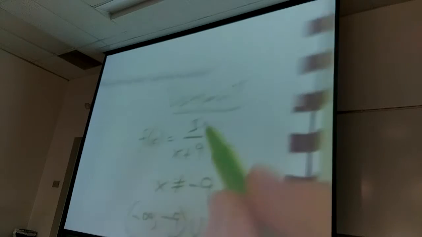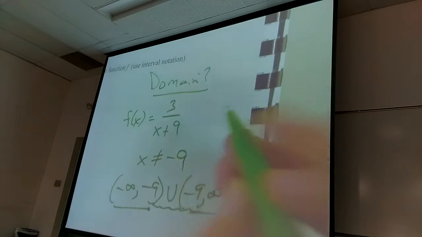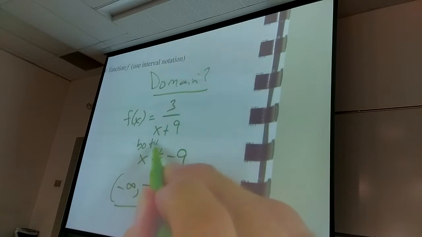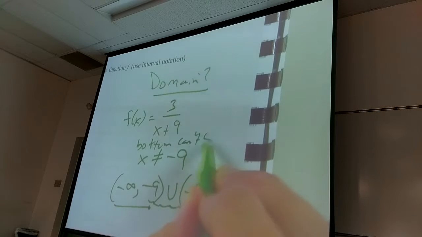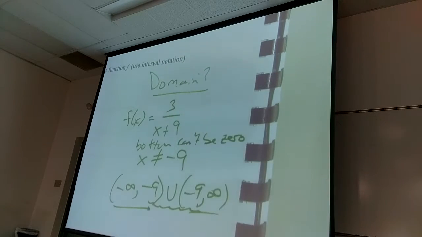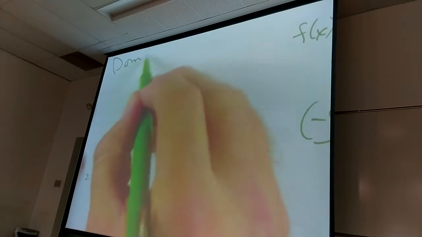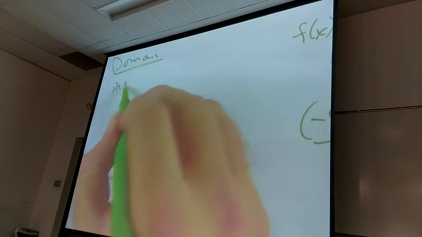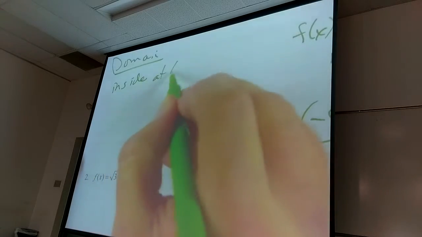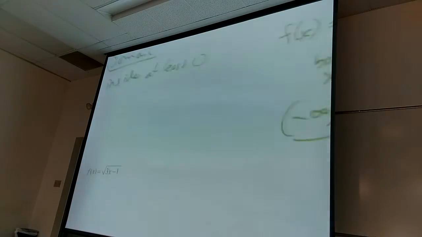Now watch. Here, in English, bottom can't be 0. Okay. At least when I speak it, it's English. When I write it, here, in English, inside at least 0.